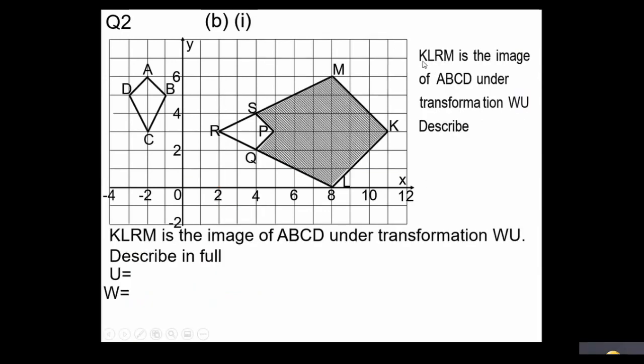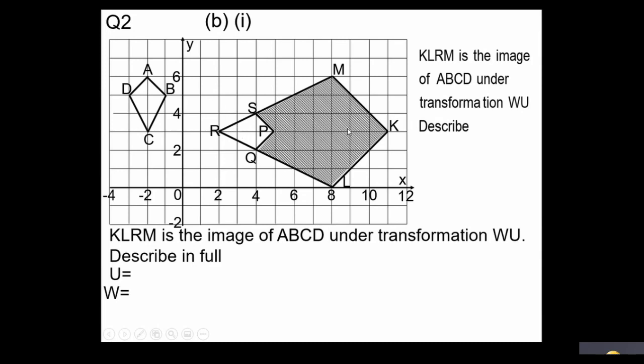Here, KLRM is the image of ABCD. You see, this is the object, but you have two transformations here. U first, then W. So from here, it has to change to this one first, then this one changes to the bigger one.